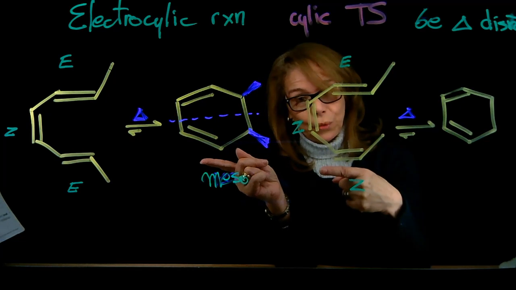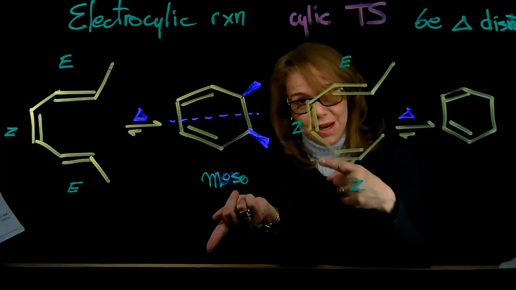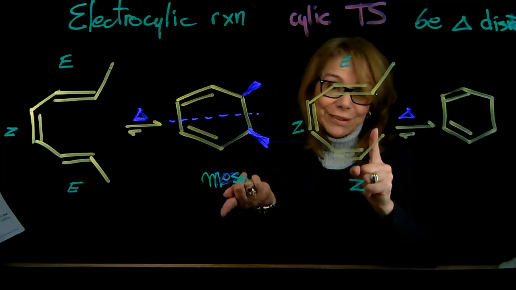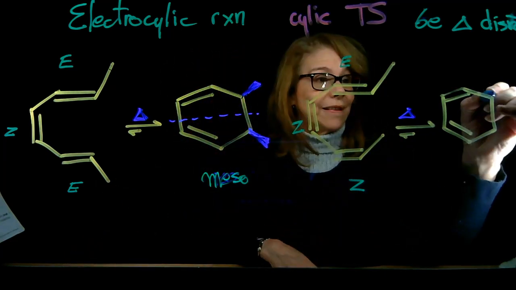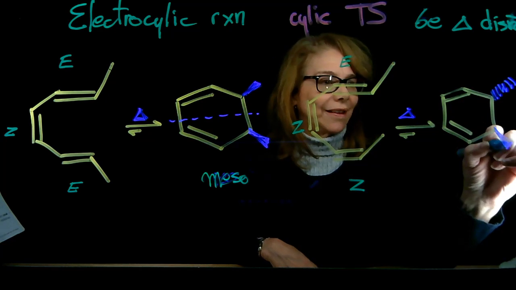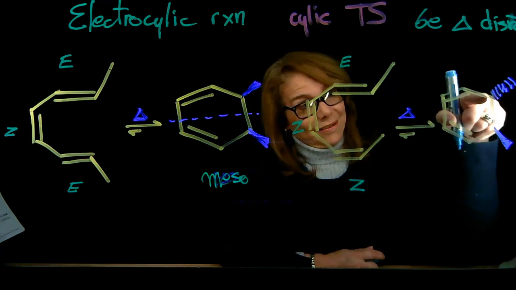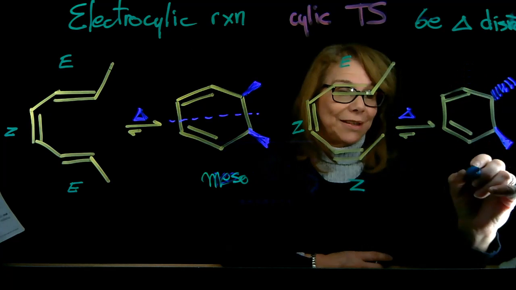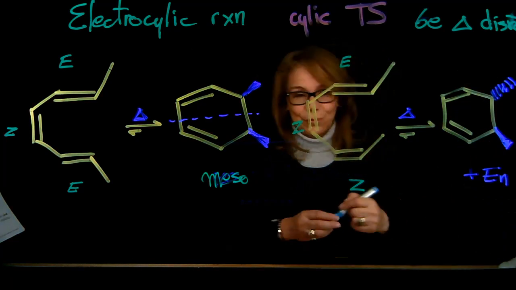Moving in opposite directions gives me the two methyls pointing to opposite sides. So the end result is this methyl on dash and this on wedge. And this is a chiral center, and that's a chiral center. This compound has an enantiomer, so we can have that plus the enantiomer.